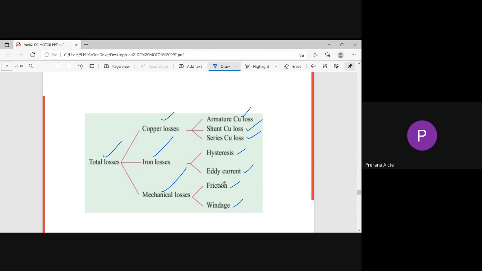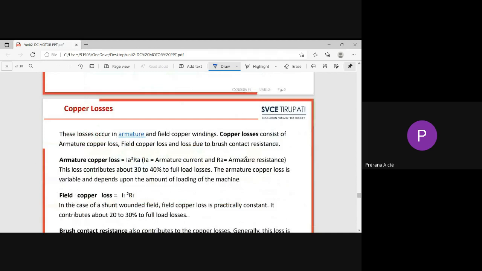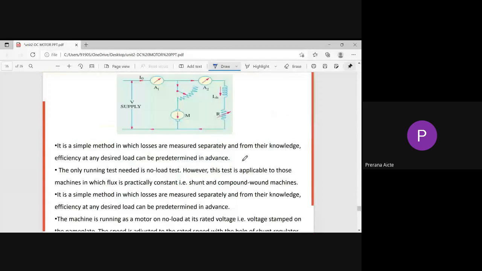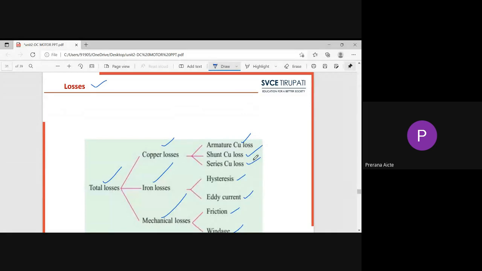In these, taking the copper losses again, they are armature copper losses, shunt field copper losses, and series field copper losses.